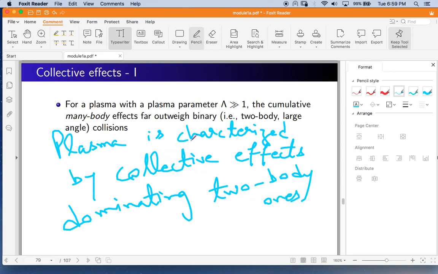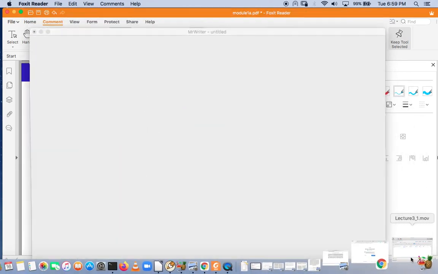By collective we really mean many-body effects. They far outweigh the binary things such as two-body large angle collisions such as this.